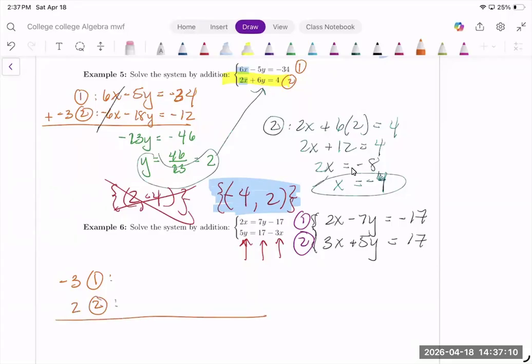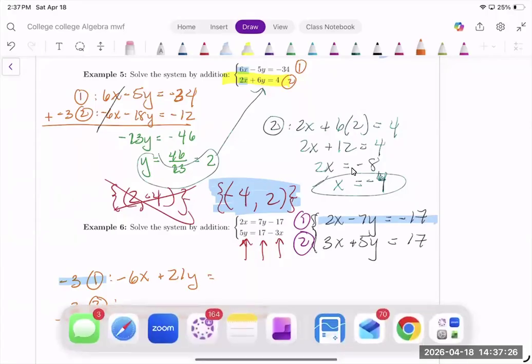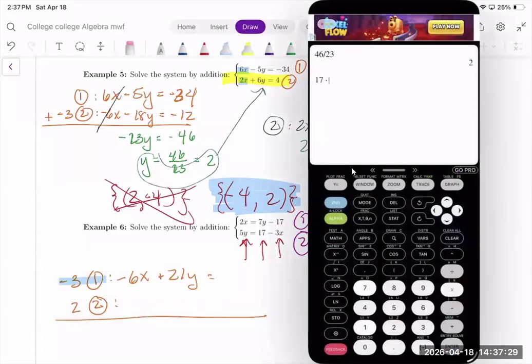Because again, we're looking at this one here. I'm running a -3 through equation 1. So -3 times 2 is -6x, then plus 21y equals 17 times -3, -51.